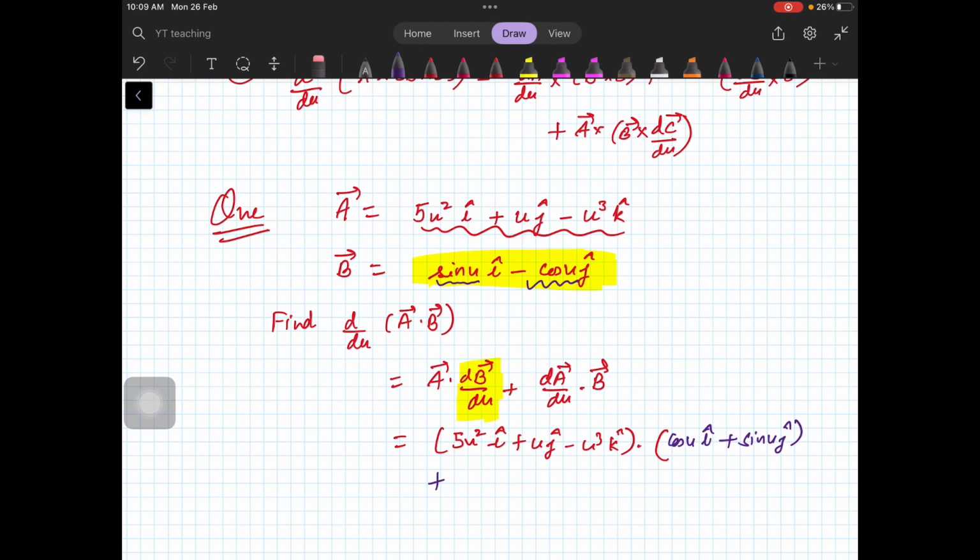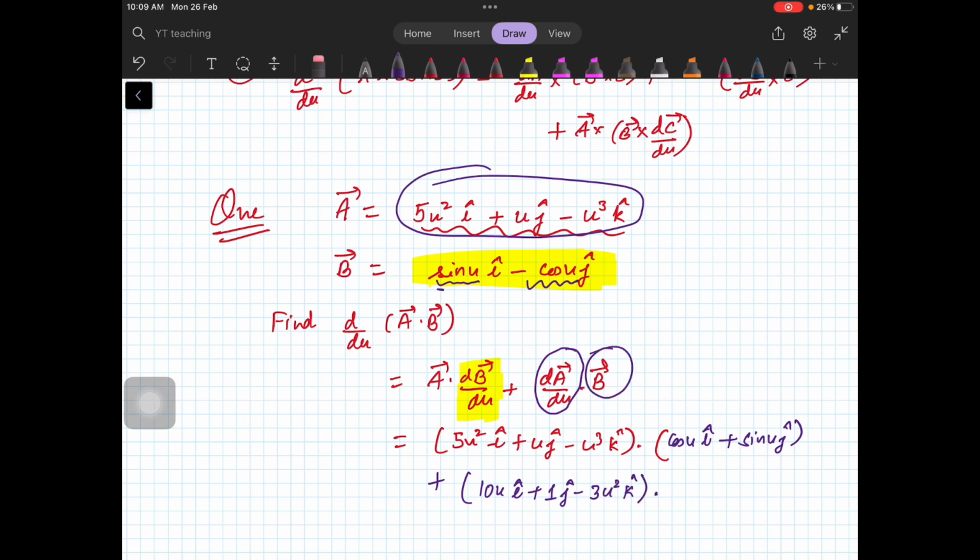And then for the second one you have to differentiate the A vector, so you'll get 10u i cap plus 1 j cap minus 3u² k cap, dot product with B vector. B vector is sin u i cap minus cos u j cap.